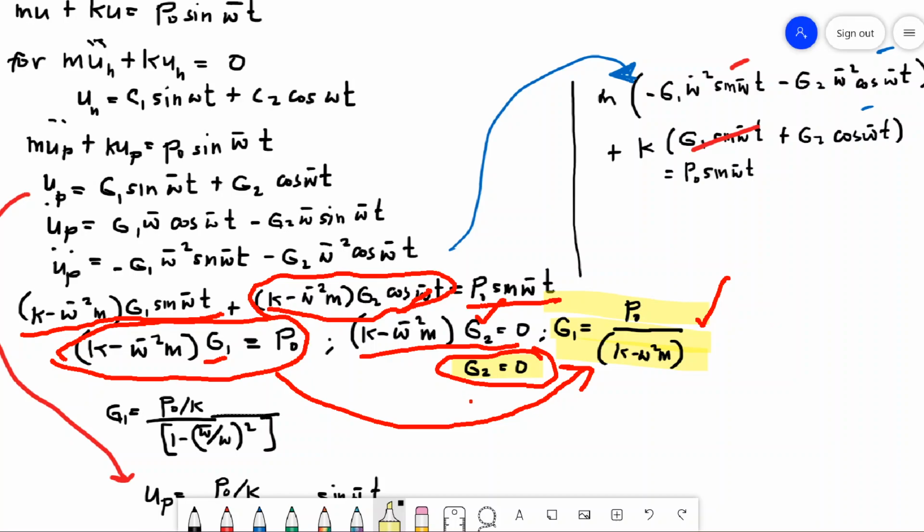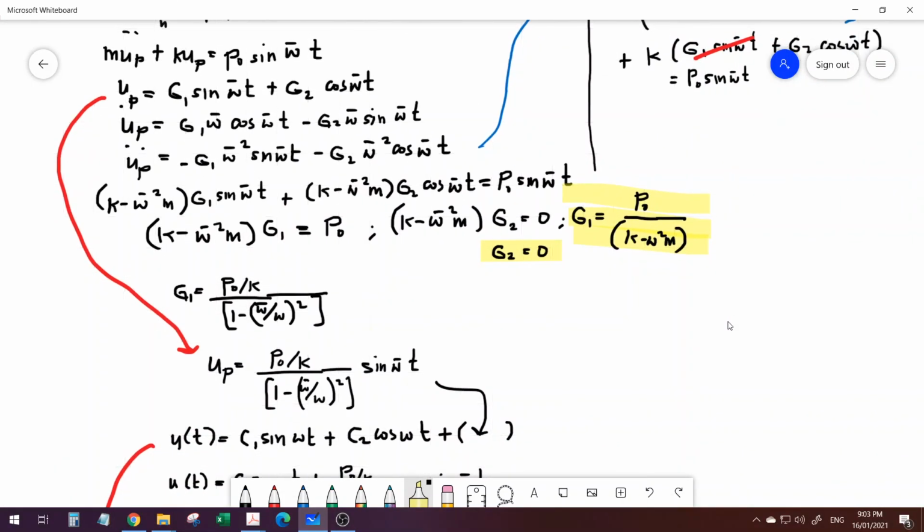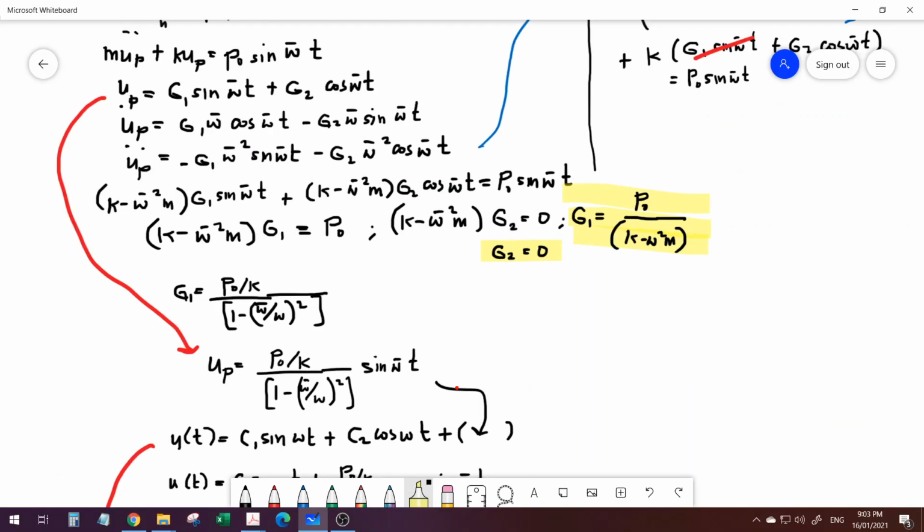Okay? So, we now have G1 and G2. We can now plug G1 and G2 into our original equation again. So U sub P is this one, right? And we know G2 is equal to 0, so this one is 0. Therefore, what's left is G1 sine omega bar t.